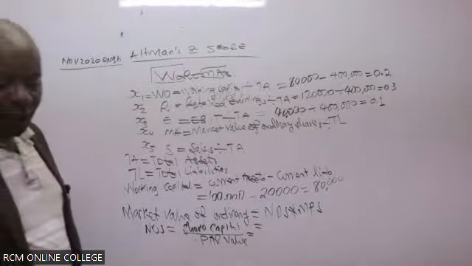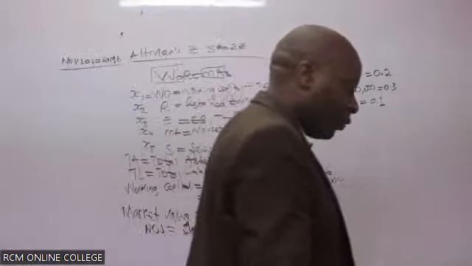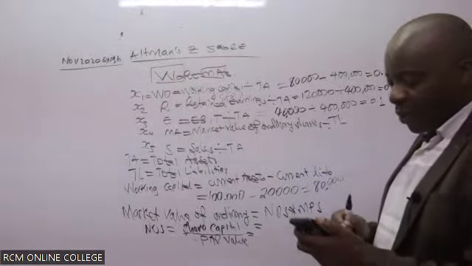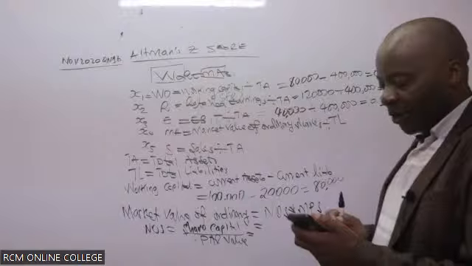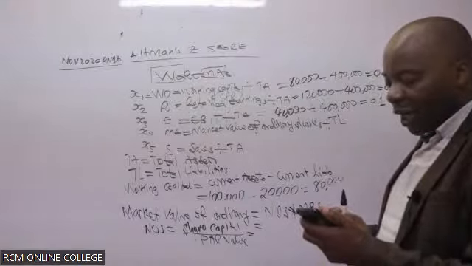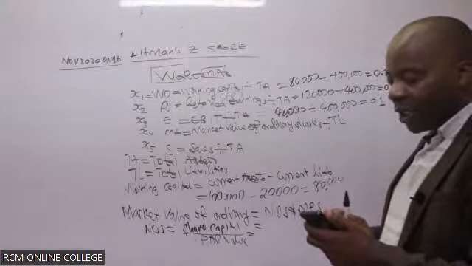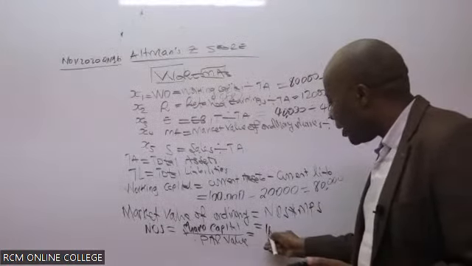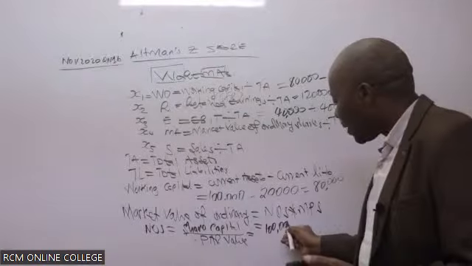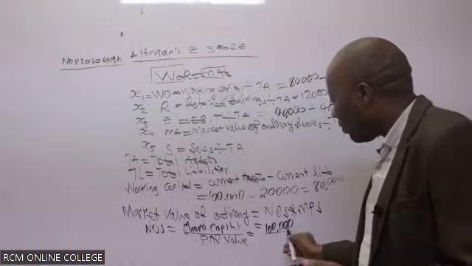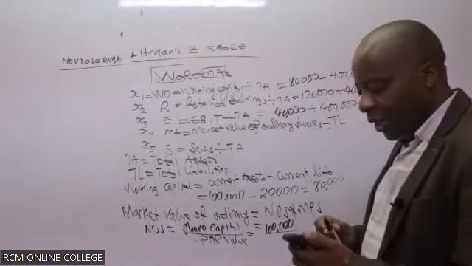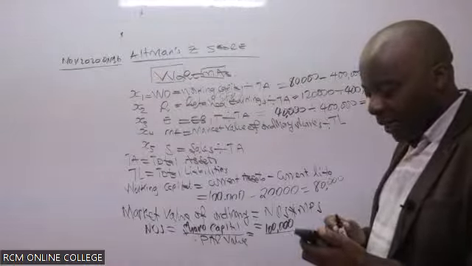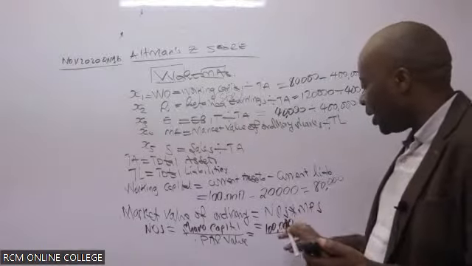If you go to the balance sheet, what is the ordinary share capital given there? It is 100,000. You divide this by the par value, which is the one given there in brackets, shillings 10 each.